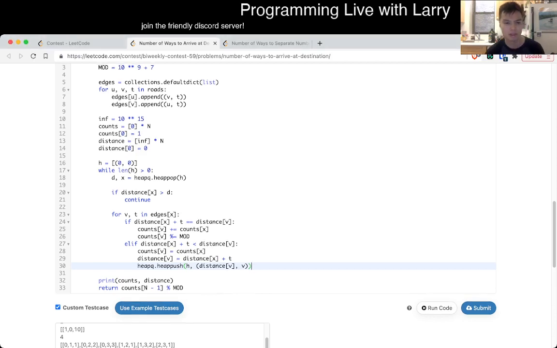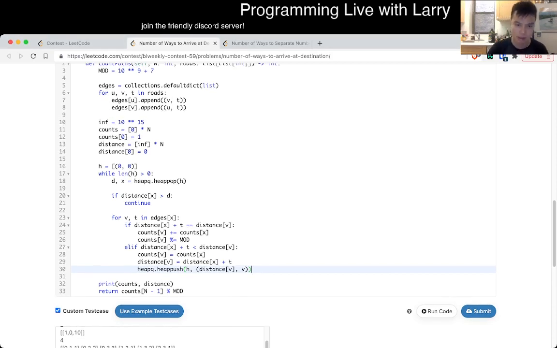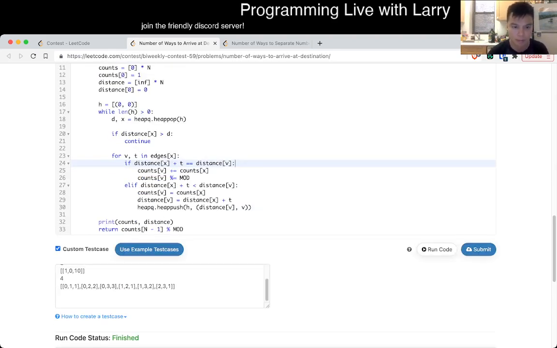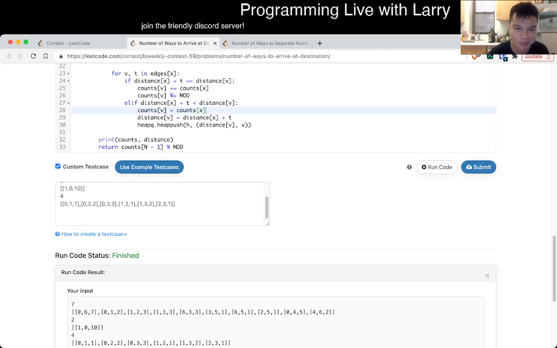What am I doing wrong? This should be right. That was dice true, right? I don't get it.